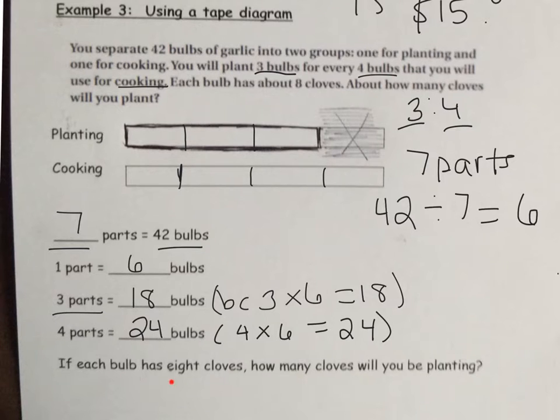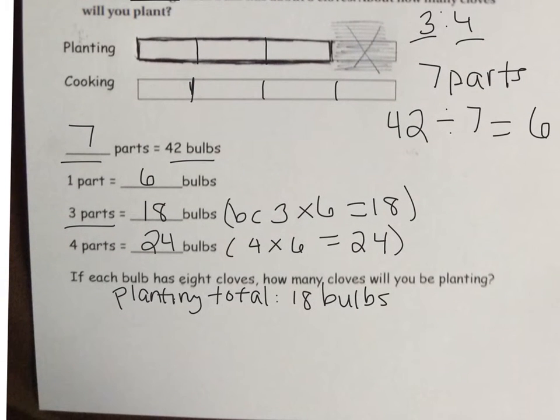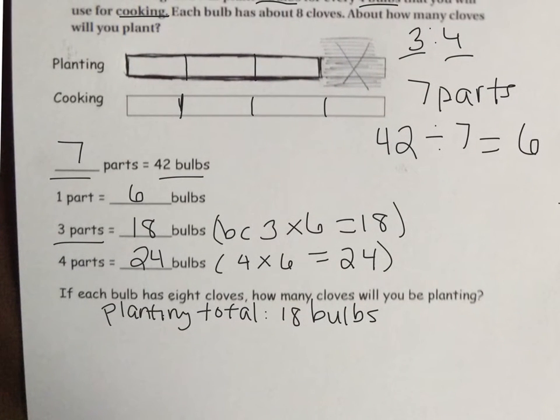Well, if each bulb has 8 cloves and we're working with 18 bulbs, we can write this planting total as 18 bulbs times 8 cloves per bulb equals 18 times 8.